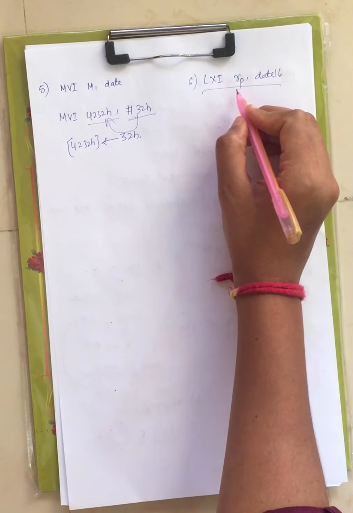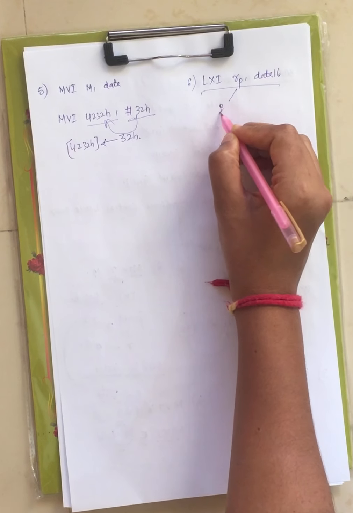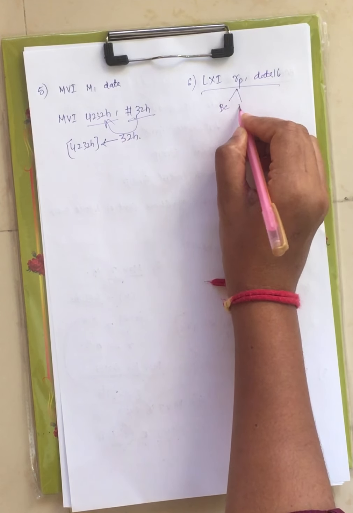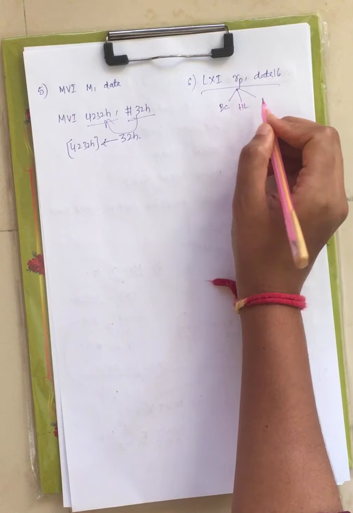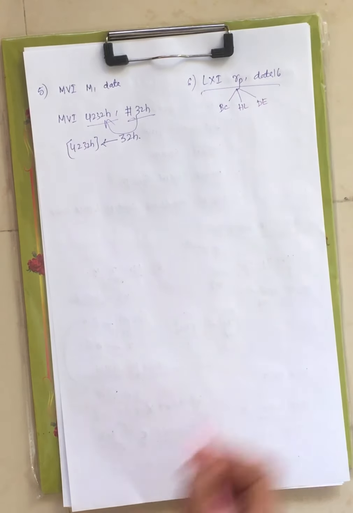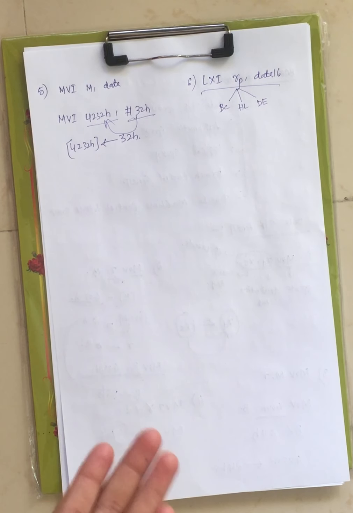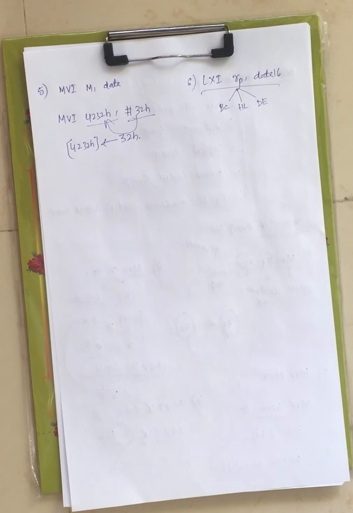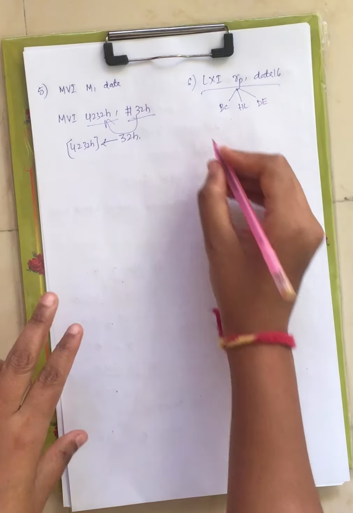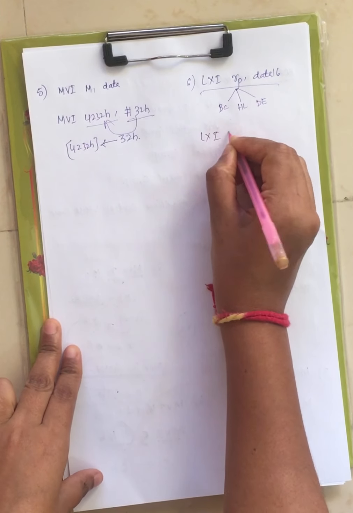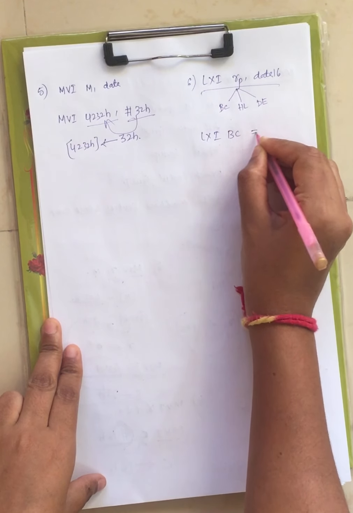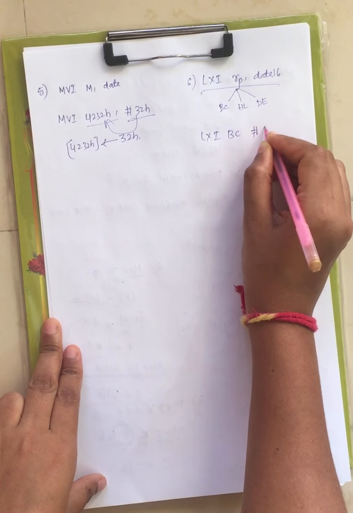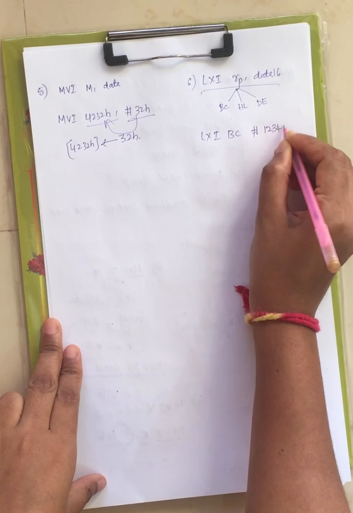Now what register pairs do we have? We have the BC register pair, the HL register pair, and the DE register pair. If you want to store 16-bit data, that data can be loaded into a register pair, either BC or HL or DE. As an example, I can give LXI B, and the immediate data is 1234H.